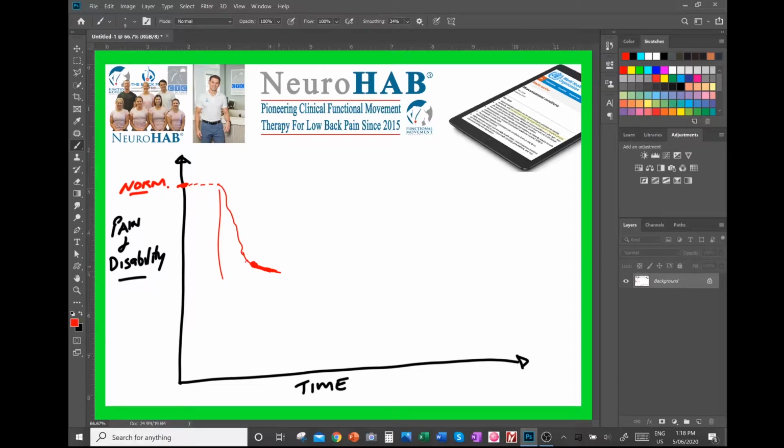And patients can then stay in this state with poor control of their pain, poor capacity to do things in their normal daily life for a very long time.